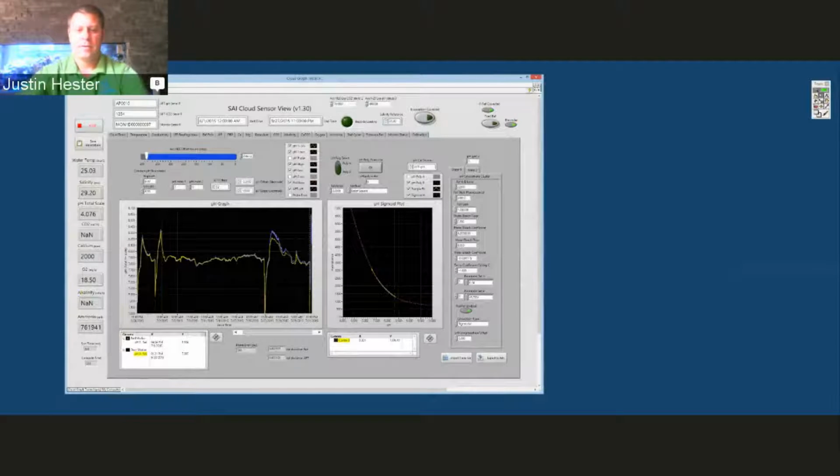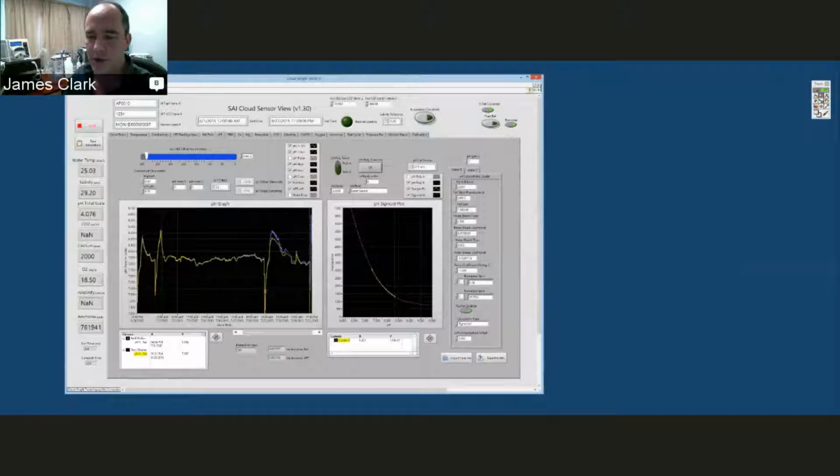Okay. So where the cursor is right now, this event is where I added a very high level of CO2 to the system to shock it and bring the pH well below 7.